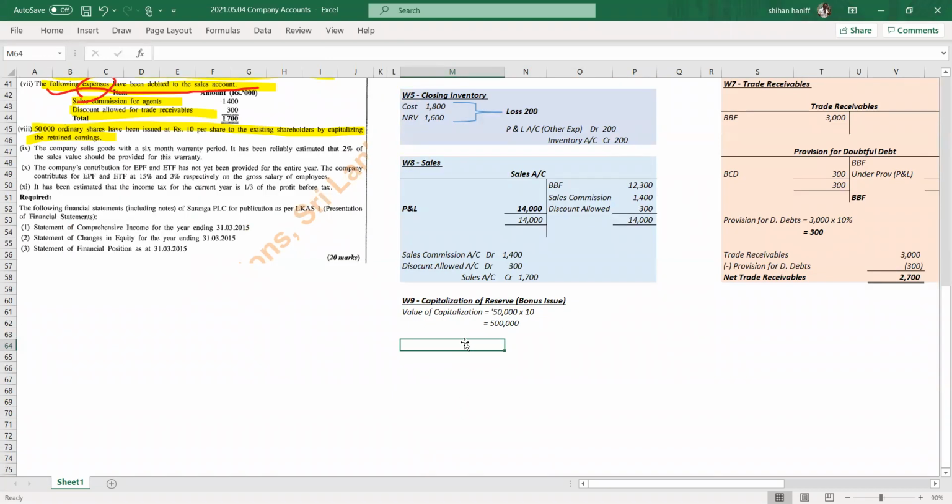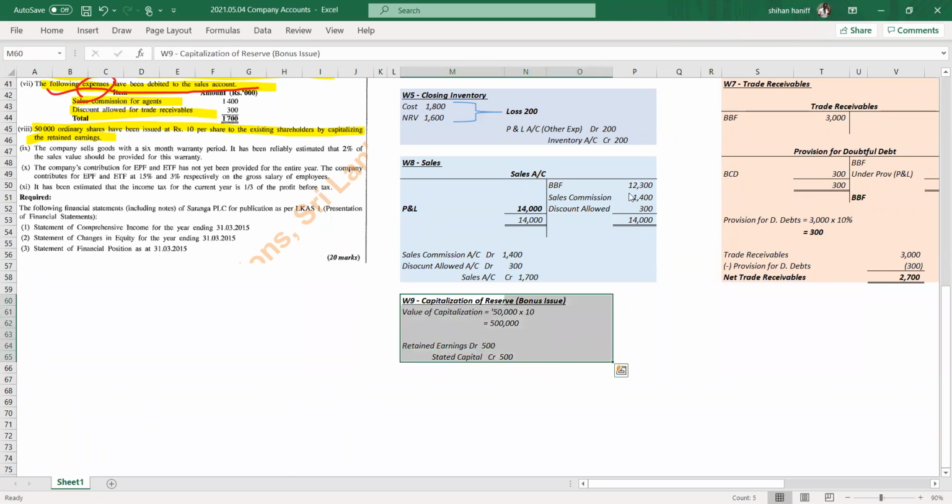Double entry is retained earnings debit 500,000, stated capital credit 500,000. This is the double entry.